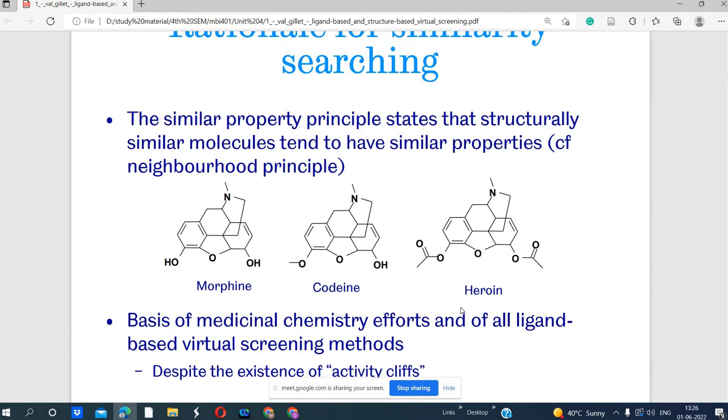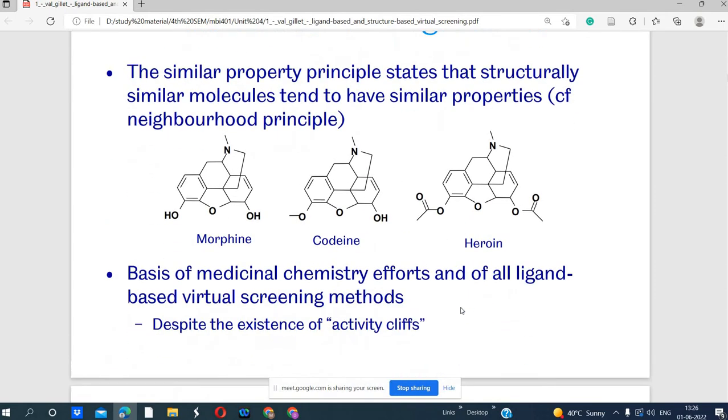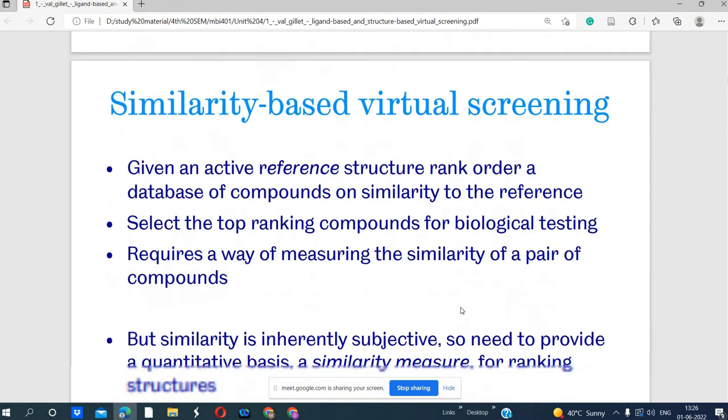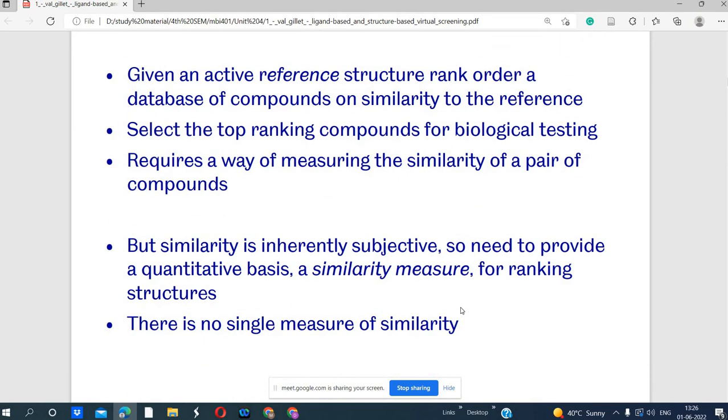So similarity searching can be carried out for similarity based virtual screening. How can we use this? If we are given an active reference structure, we rank or order a database of compounds on similarity to the reference.